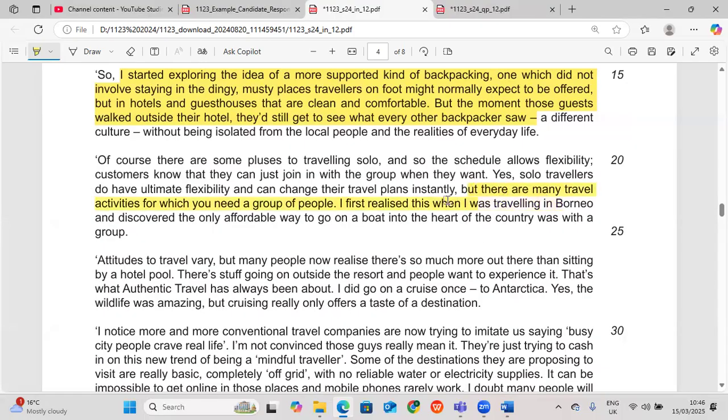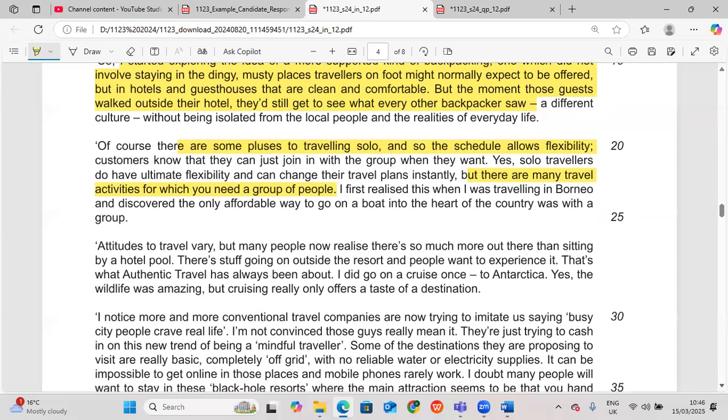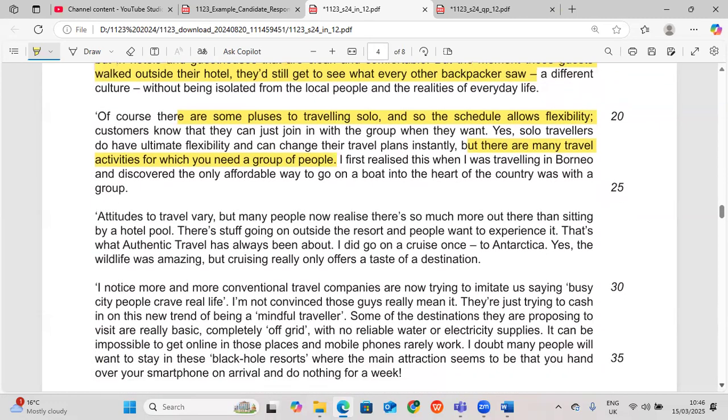So his company offers both group and solo plans. He's also talking about attitudes towards travel, what people like to do. Sightseeing involves a lot of other things.